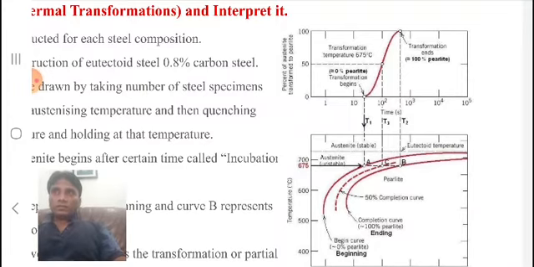So this is all about TTT transformation curves, and the advantages of using these TTT curves are abundant, because whatever structure we require, we can easily get that structure without any delay or problems.